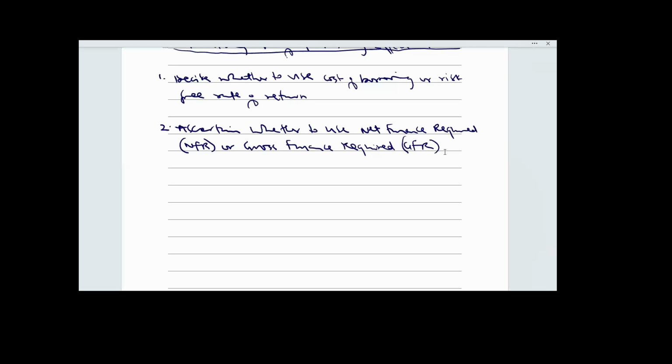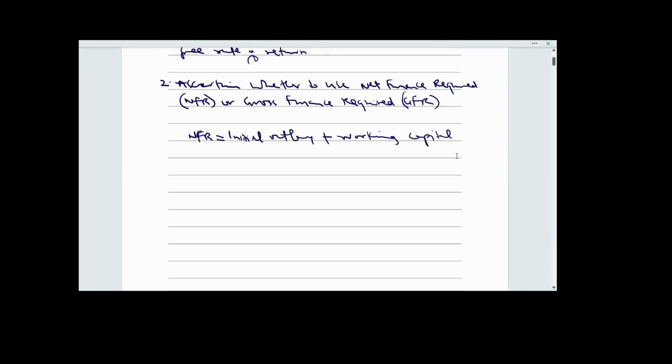All right. How do you calculate net finance required or gross finance required? The net finance required is calculated as initial outlay plus working capital. That will give you the net finance required. This working capital will be the working capital of year 1, at the beginning of year 1, which is the same thing as year 0.